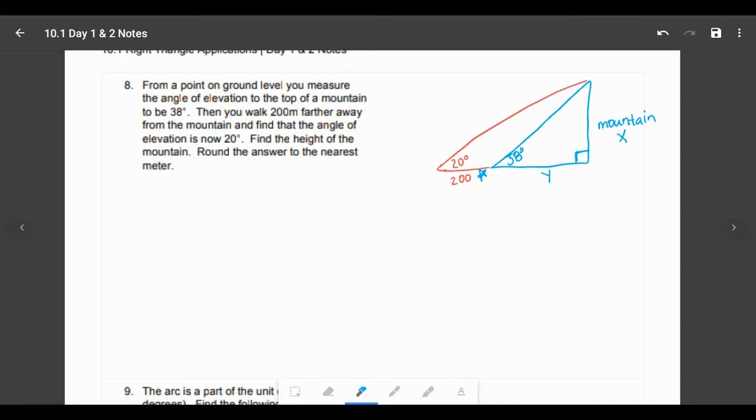And so I'm going to set up tangent of 38 degrees is going to be X over Y.